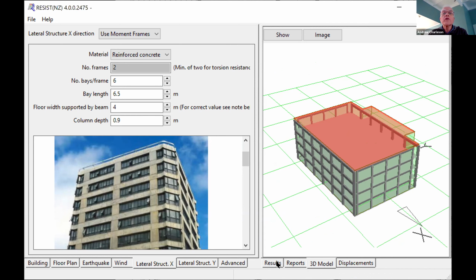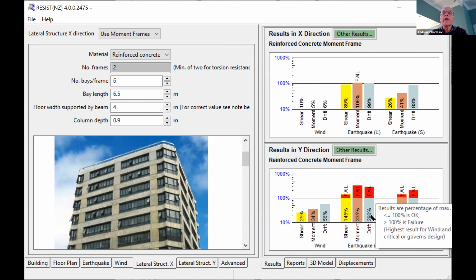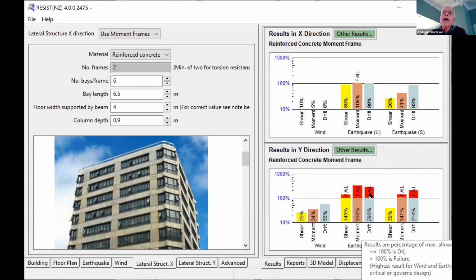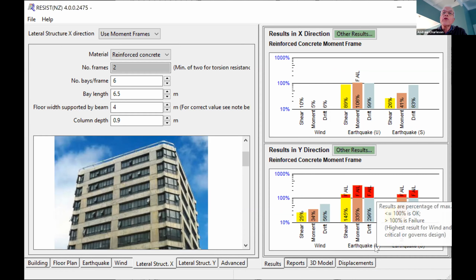Now let's go back to the results and look in the Y direction. The same problem. It's failing, isn't it, under the ultimate earthquake? It's too weak and it's too flexible. The drift is too much. So I just have to increase the sizes of the columns again. So I go to the Y direction.